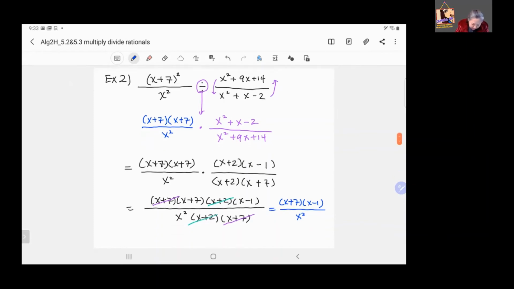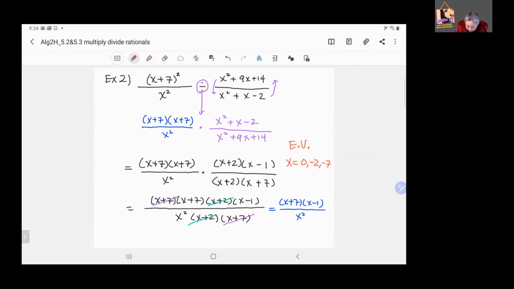So now, remember this. Once you originally divide, the excluded value has to cover every factor that becomes a denominator, right? So from x squared, x cannot be 0, right? Then from the denominator x squared plus 9x plus 14, x cannot be negative 2, x cannot be negative 7, right?